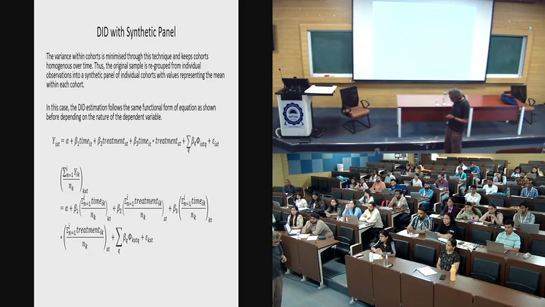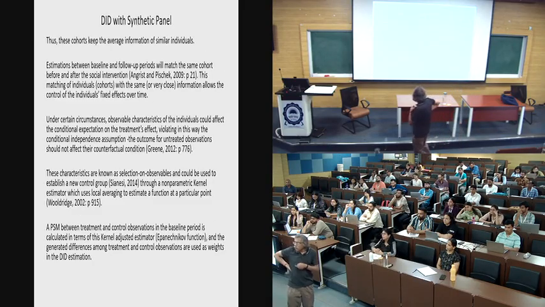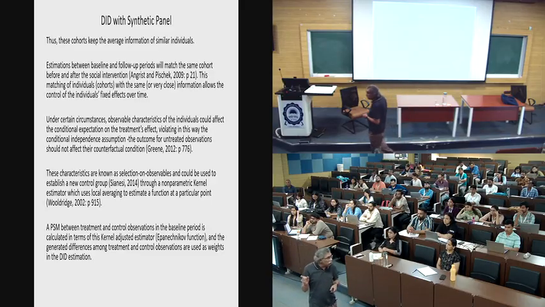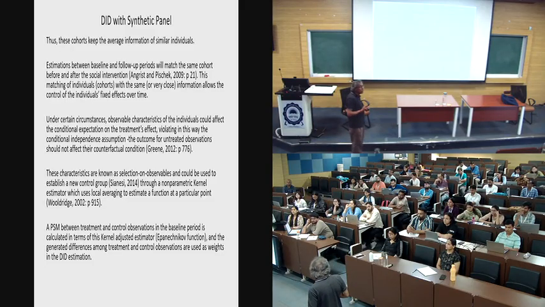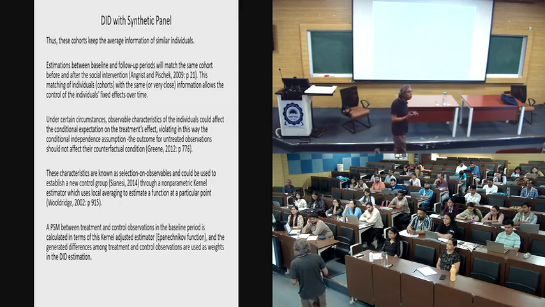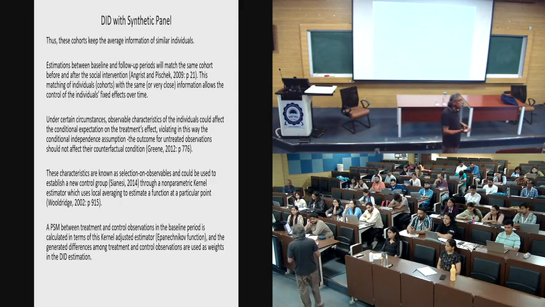How would the sampling weight kick in? The sampling weight would come from the generated difference among the treatment and control observations, right? But note it is in both the treated and the control observations, both belonging to the baseline period. When? That means when there is no treatment.